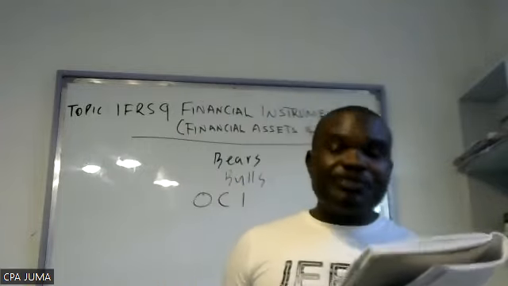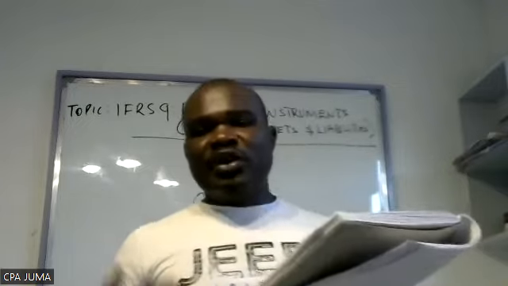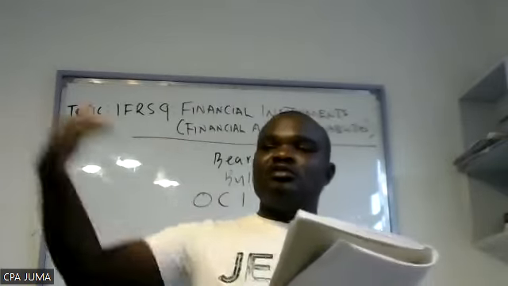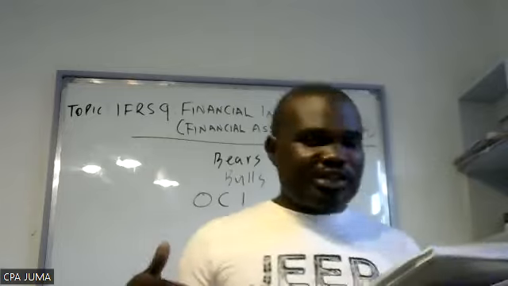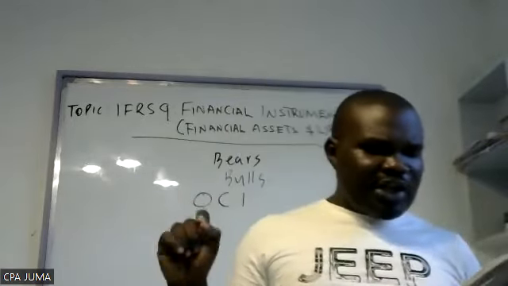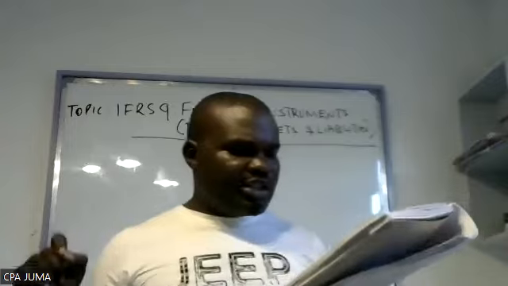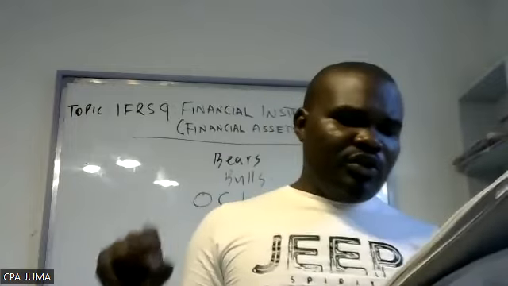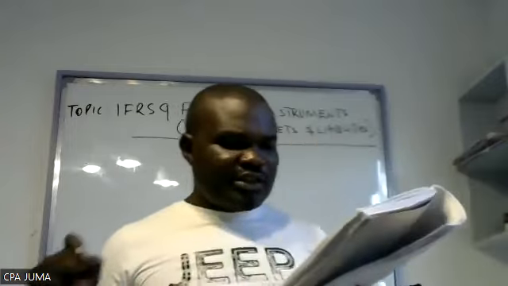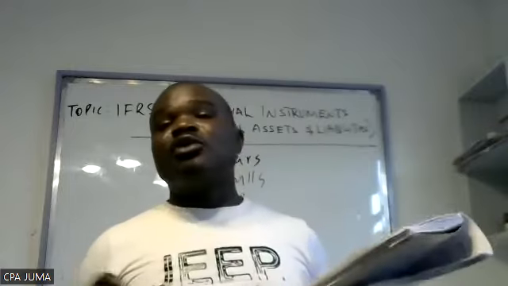Correct? Subsequent measurement. Subsequent means in the future. How will you recognize them in the books? Those classified through profit and loss should be measured at fair value, while those classified through other comprehensive income should be measured at amortized cost.